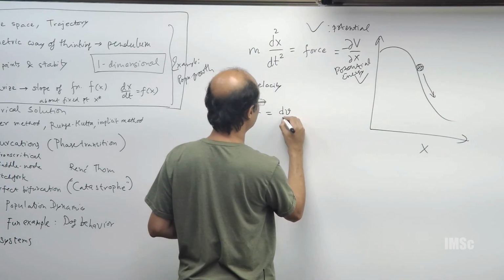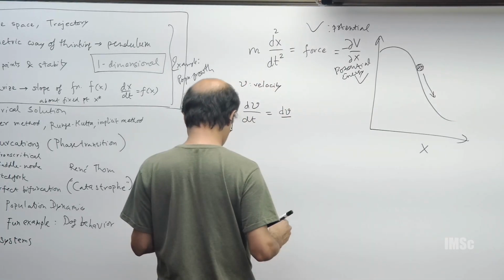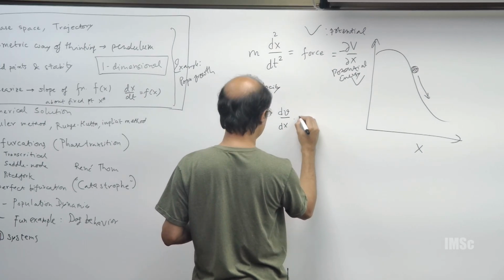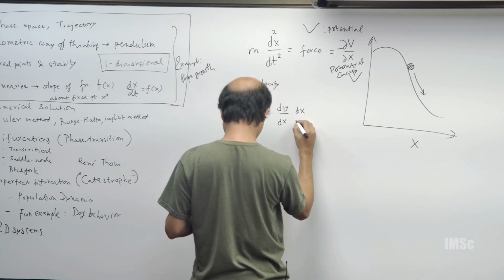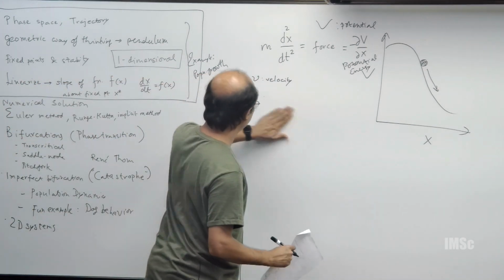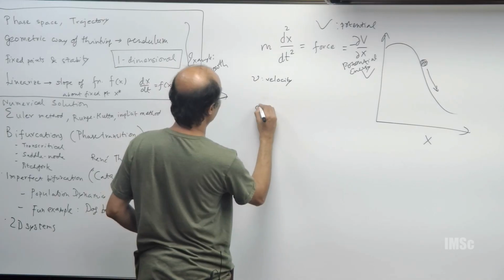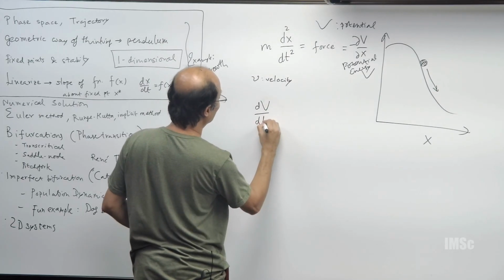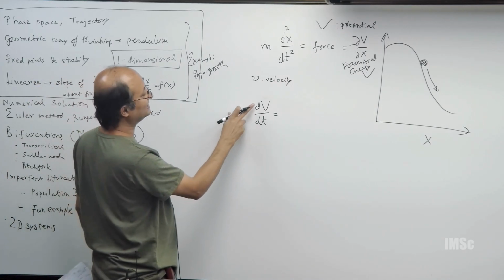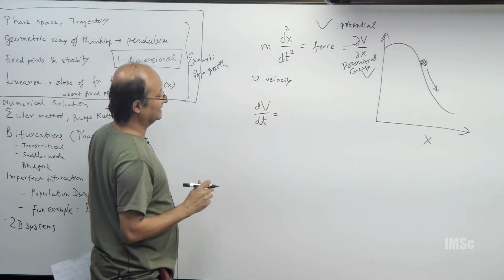dV dx and then dx, oh I am so sorry, sorry, here I meant, again my notation itself got confusing for me, sorry, I meant suppose you now look at how does the potential energy change with time.